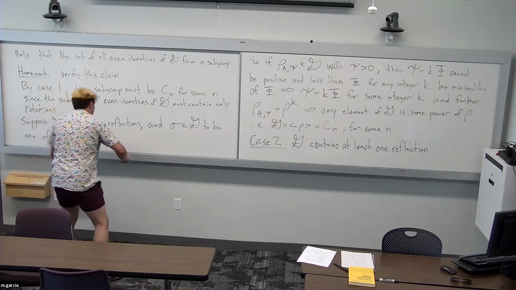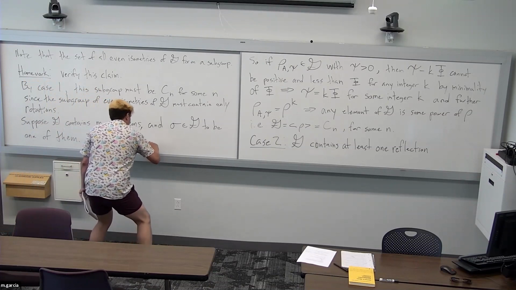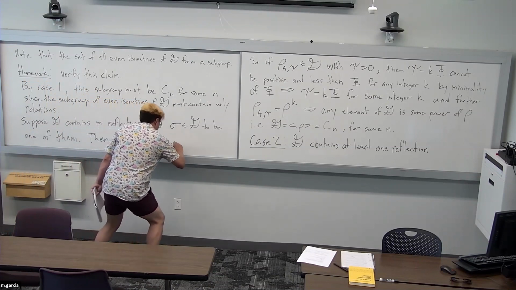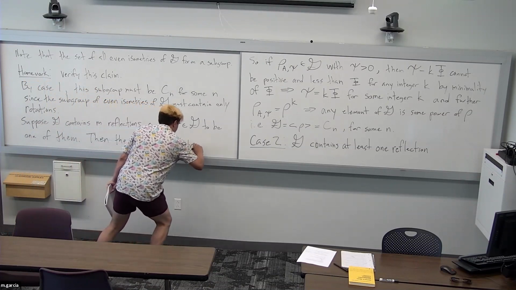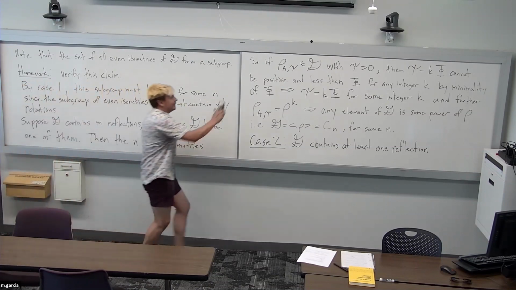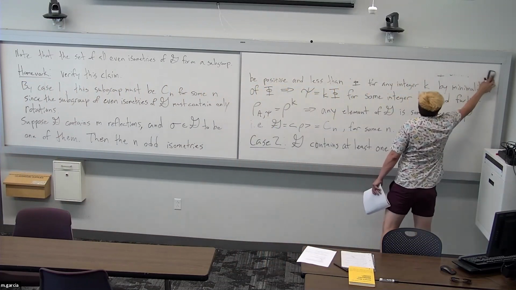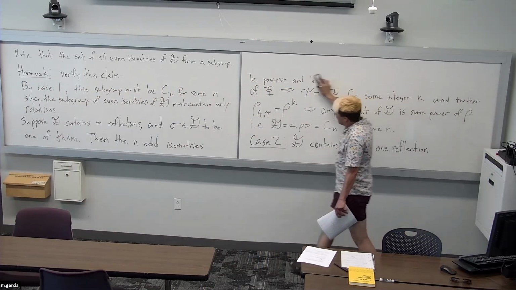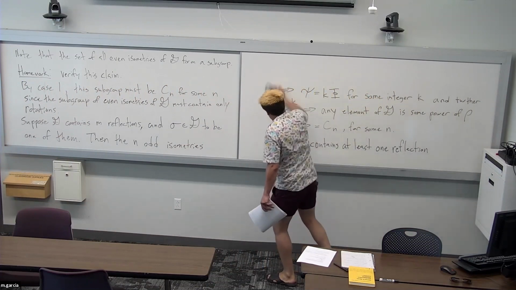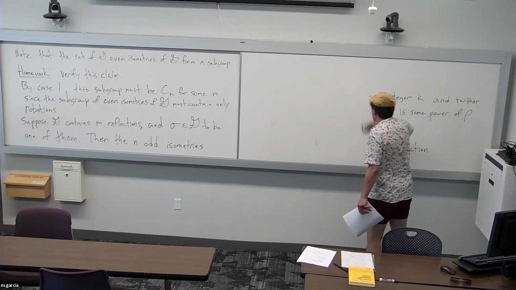Then what do we know? Then the n odd isometries. What am I going to write here? Can anybody tell me? It's the product of sigma with each element of Cn. Yeah.